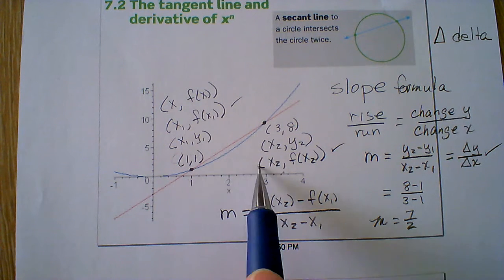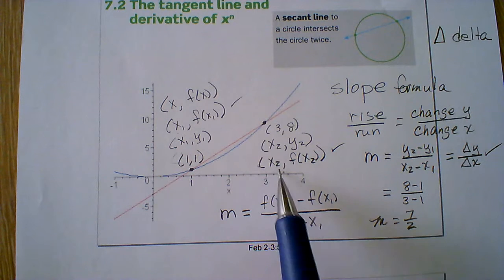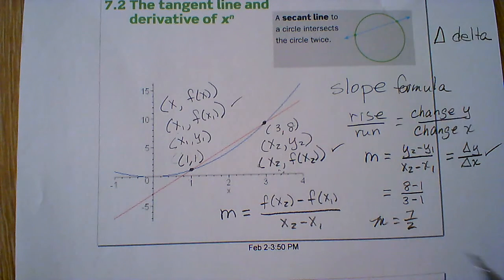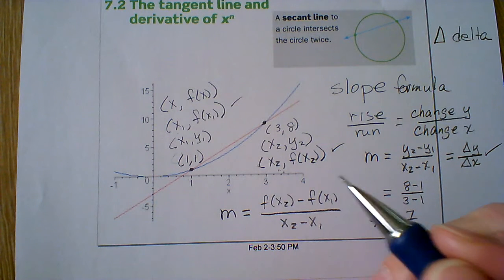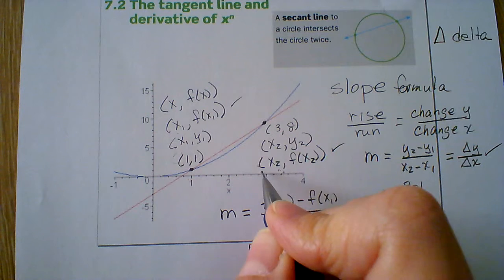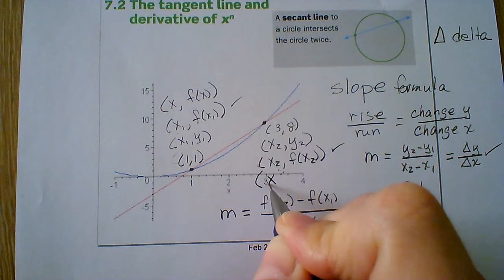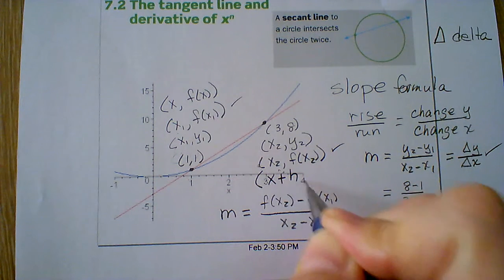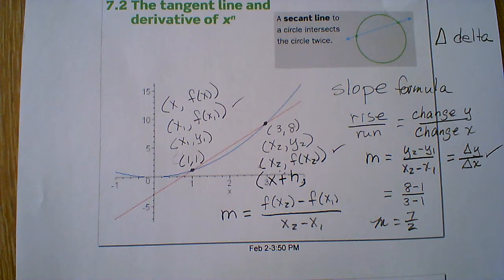When I moved across here, to get from x sub 1 to x sub 2, my x value increased. Everybody understand that, right? So I can write this new value here as x plus some value. X plus h is what I wrote there. It's hard to see. So x is my original value, and now the new x coordinate has increased by a value of h, right?